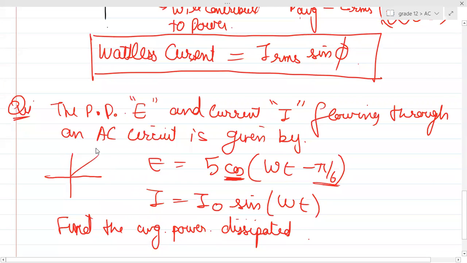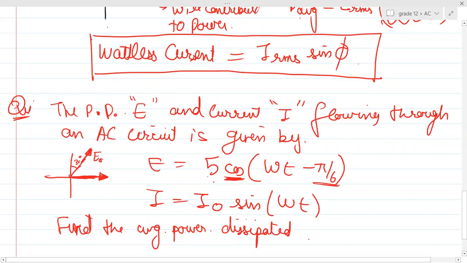Pi by 6 is how much? Can anyone tell me? Pi by 6 is 30 degree, right? So basically the phasor is over here. This phasor E naught is over here, right? Current is over here, right?